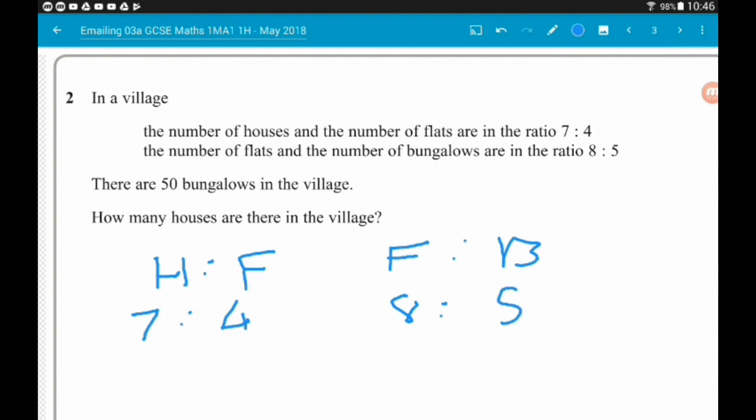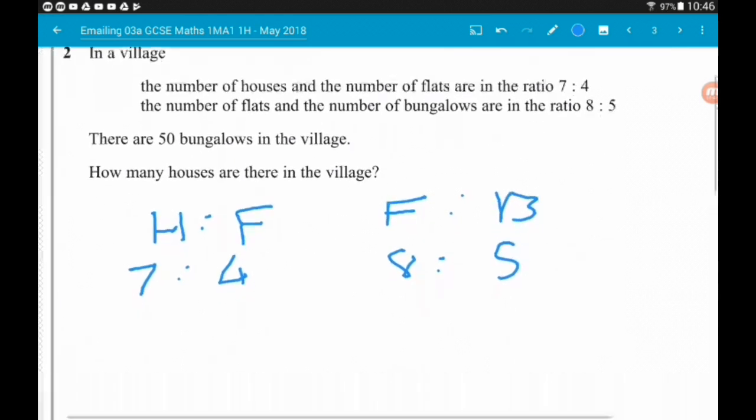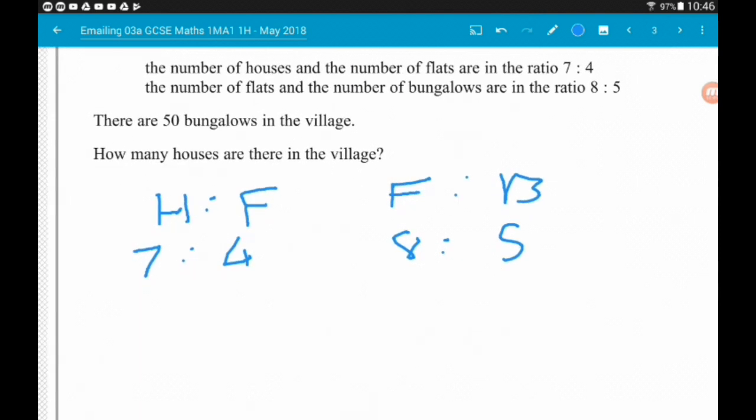We are told there are 50 bungalows in the village. We want to work out how many houses are in the village. So what we're going to need to do here is combine these two ratios. I've got a video or two on that, I'll put them down below in the description.